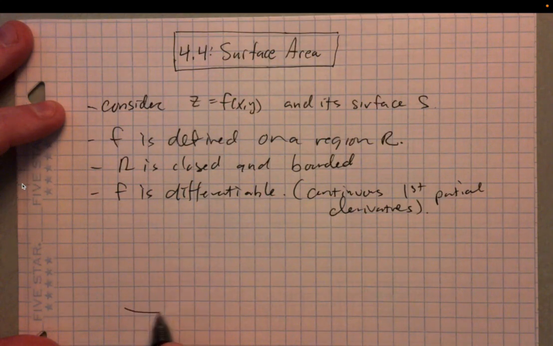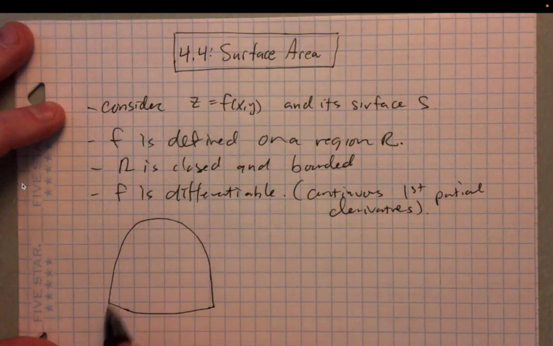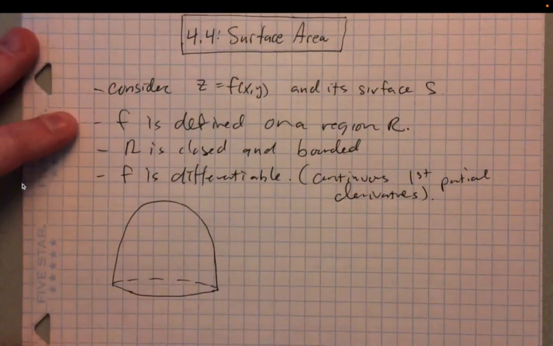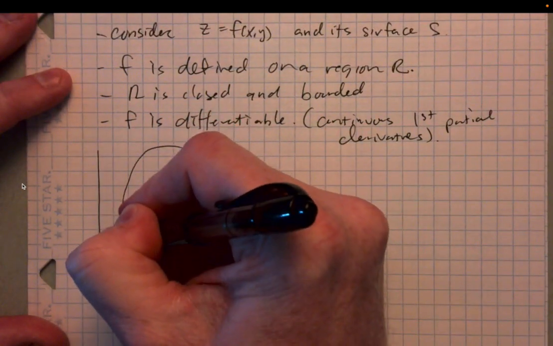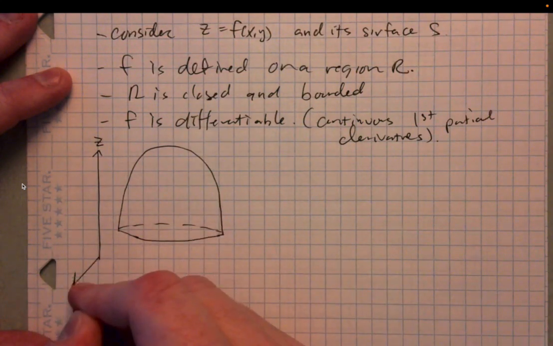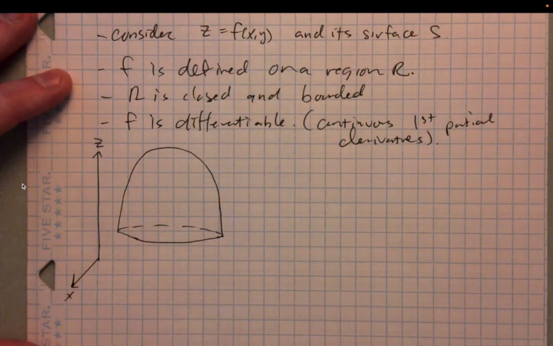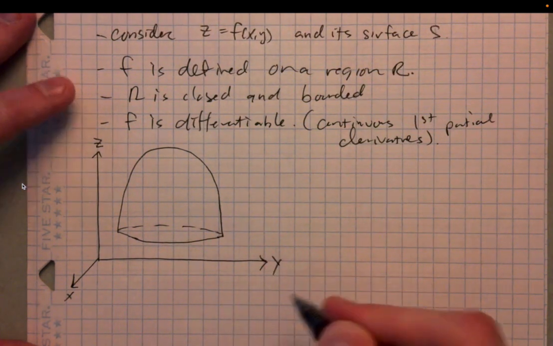I'm just going to do the best I can here, as per usual. We're going to have this function living in three-dimensional space. We'll say that this is our z-axis over here. We've got our x-axis coming off like that, and then we've got our y-axis over here.